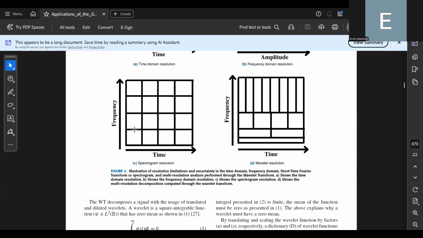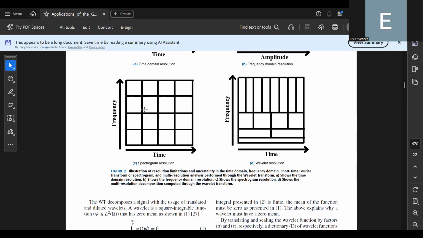For example, if we use a very short time window, we will have a better time resolution, but at the same time we will decrease the frequency resolution that we can obtain through this mapping. If we increase the window size, we will have a lower time resolution, but a better frequency resolution. So this is a problem, because we can increase the resolution of one domain, but we lose information from the other domain.